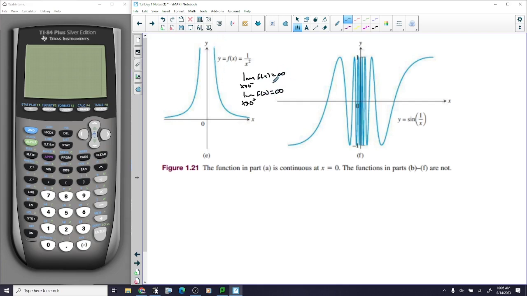So the left and the right hand limits are not necessarily different, but they're just going to infinity. So there's no limit. And as a matter of fact, there's no function value. So f of 0 does not exist either. So this is called an infinite discontinuity. This one is an infinite oscillating discontinuity, and we really don't talk much about this one.